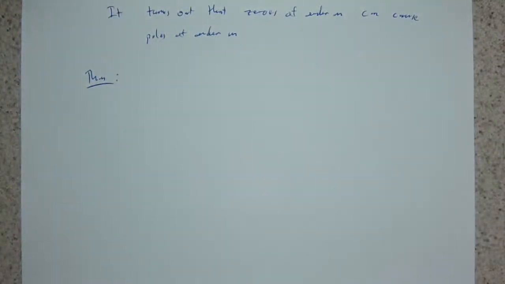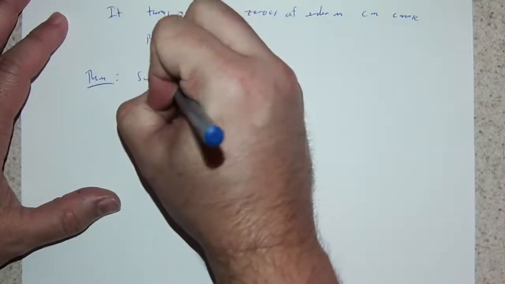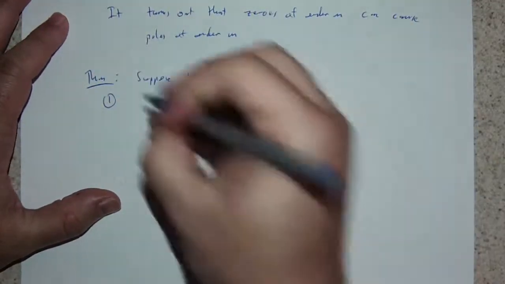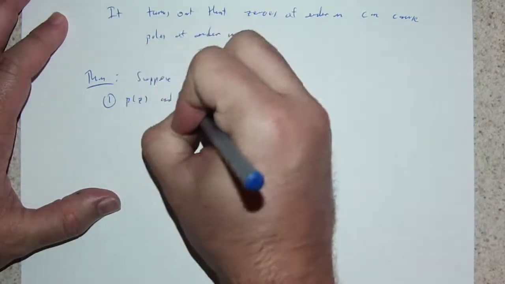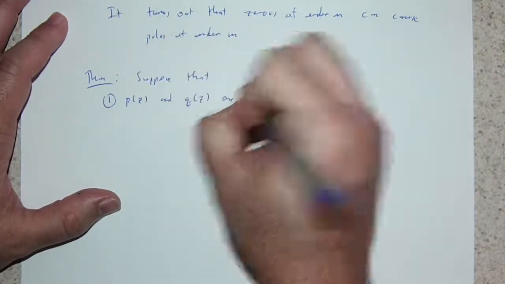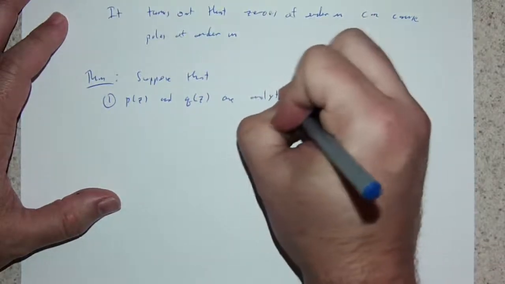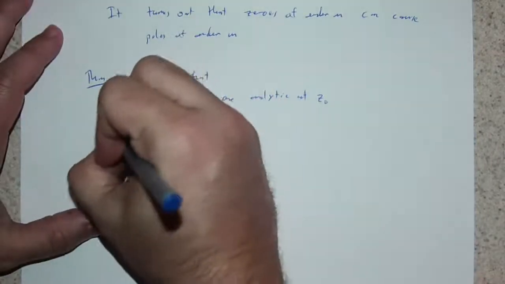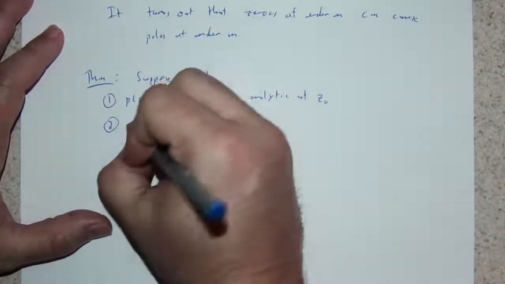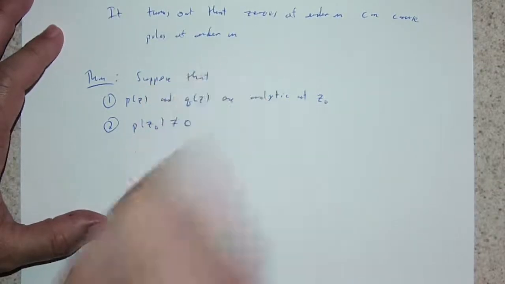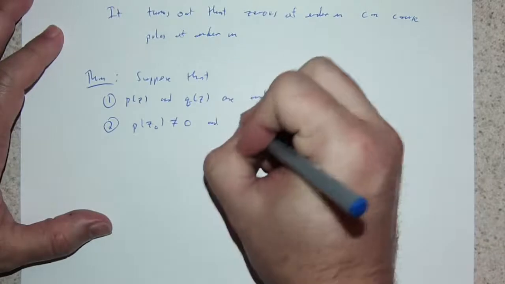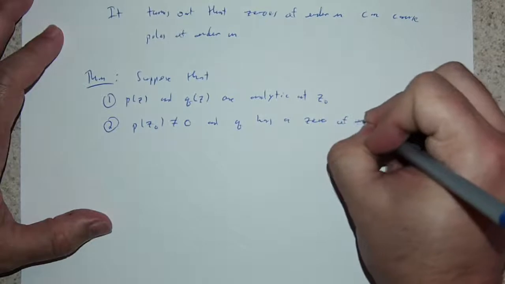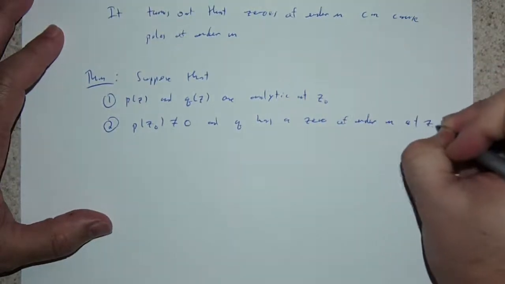How so? Well, let's suppose, firstly, that two functions p of z and q of z are analytic at z0. And secondly, suppose that p of z0 is non-zero and q has a zero of order m at z0.